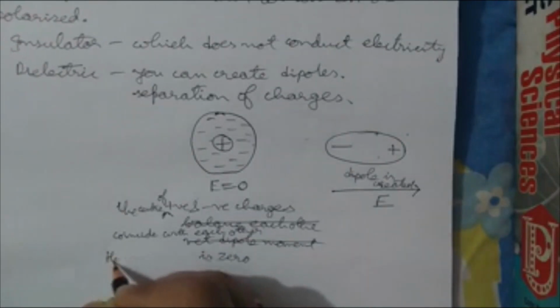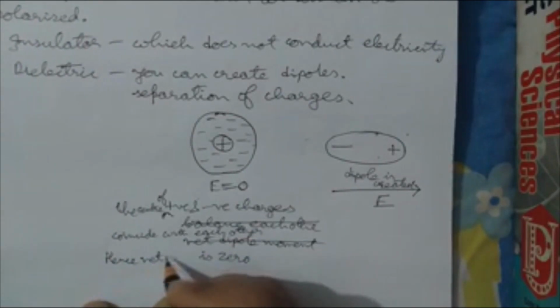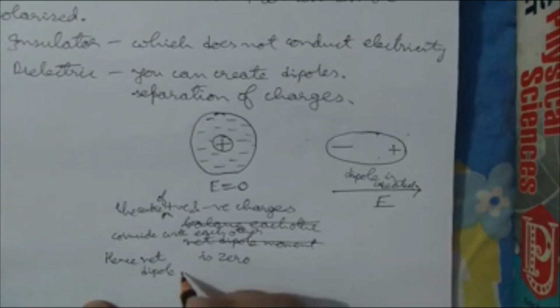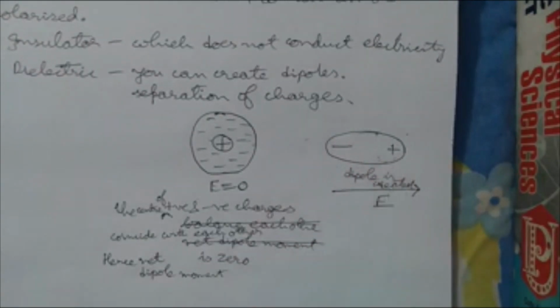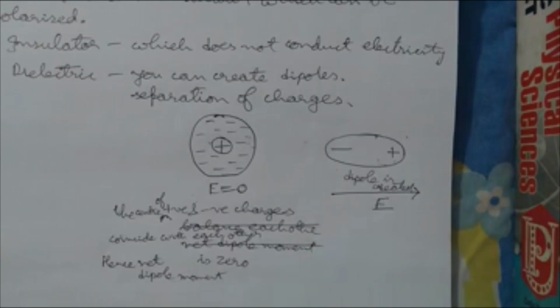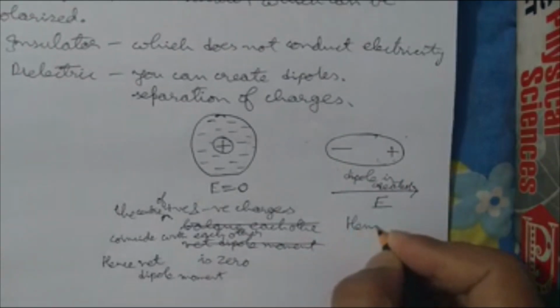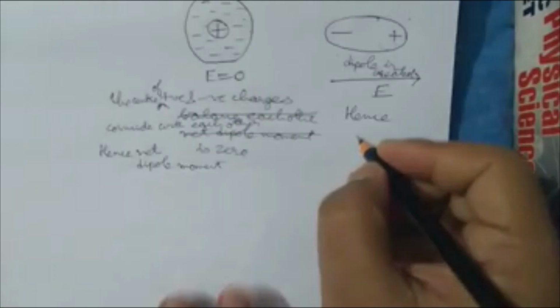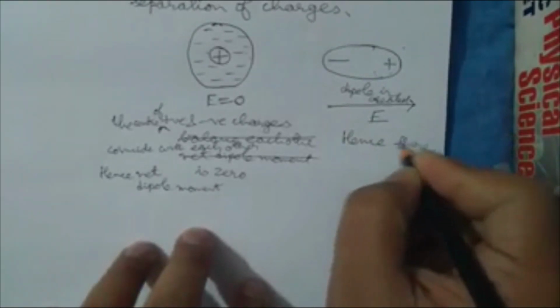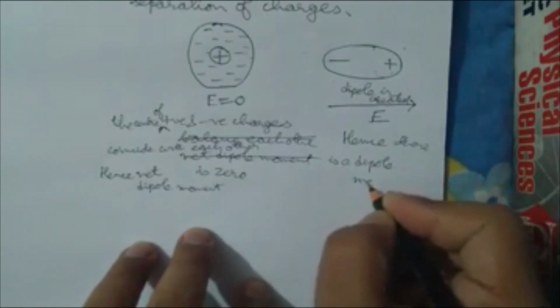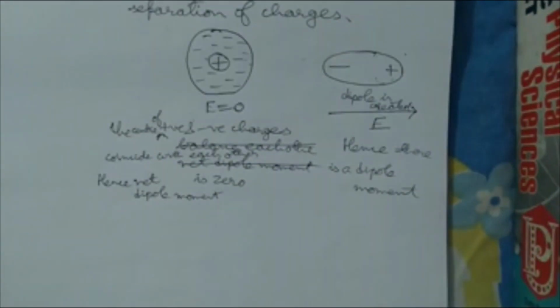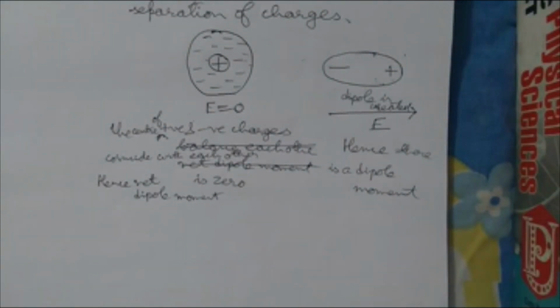Hence the net dipole moment is 0. But here, the centers of positive and negative charges do not coincide. That is why a dipole is created, and hence there is a dipole moment.